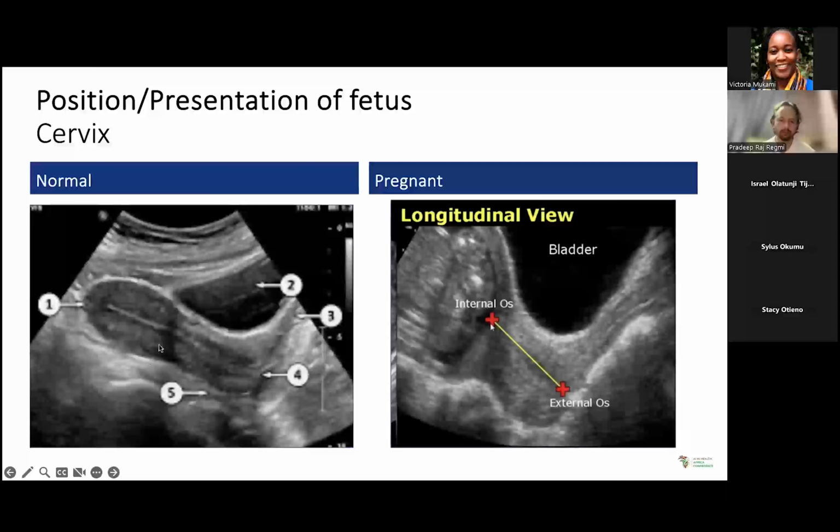So this is the normal uterus in a non-pregnant woman, and this part is the cervix, and this part is the cervix in a pregnant patient, and this is the fetus. So during birth, this cervical canal opens, and we usually measure this in second trimester to determine if there is any cervical incompetence as well.